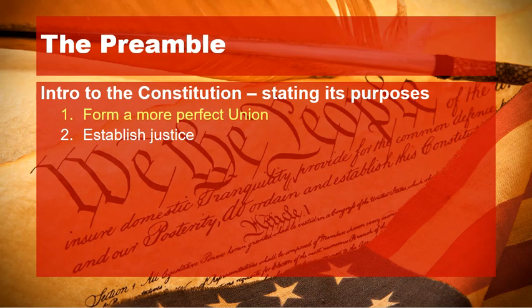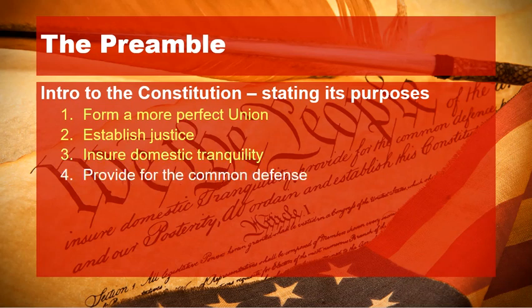Established justice, to make sure laws are being carried out and being carried out in a fair manner, to ensure domestic tranquility. As I mentioned, there was actually infighting among the states, even states really coming to the ends of declaring war on one another in some cases.